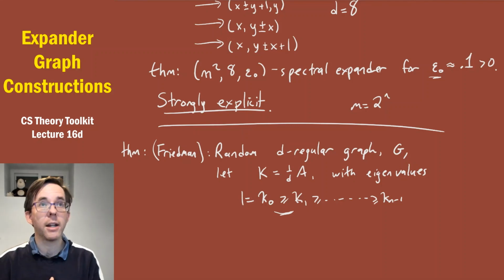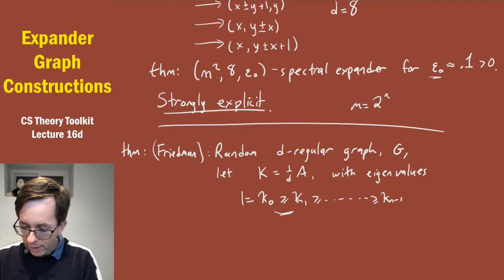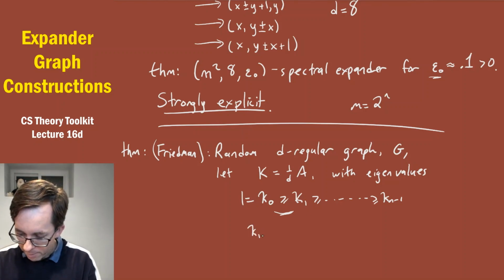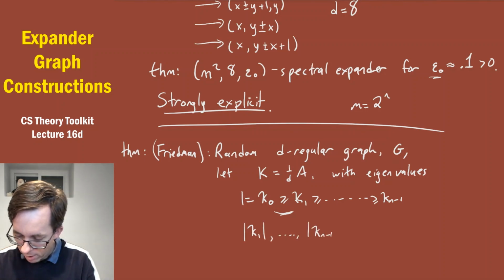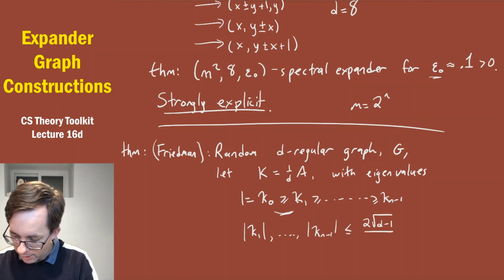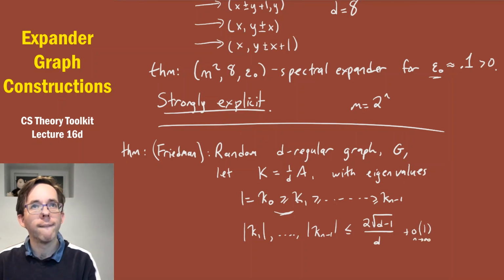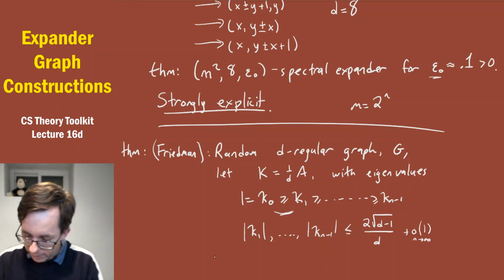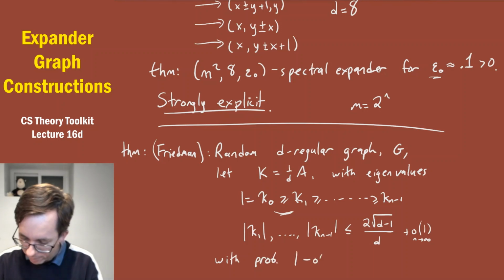The theorem is that in a random d-regular graph, all of these eigenvalues, kappa 1 through kappa n minus 1, in magnitude, are at most basically 2 times root d minus 1 over d, plus little o of 1, as n goes to infinity. With high probability, with probability 1 minus little o of 1.